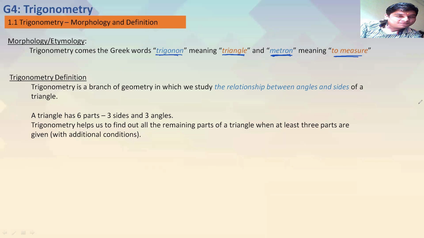You saw that we had to find AE in the previous figure. There are 6 parts in total, 3 sides and 3 angles. You know it, don't you, Christian? So that's what trigonometry does: to find out parts of triangles using the given parts. Some of the parts will be given, of course.